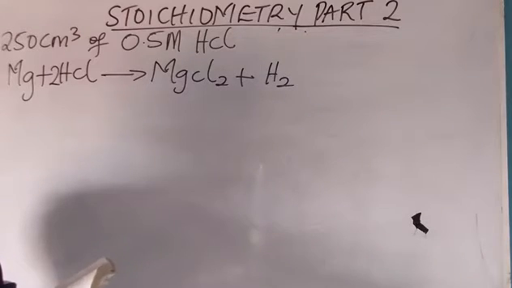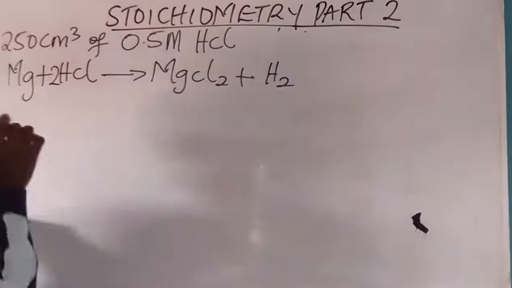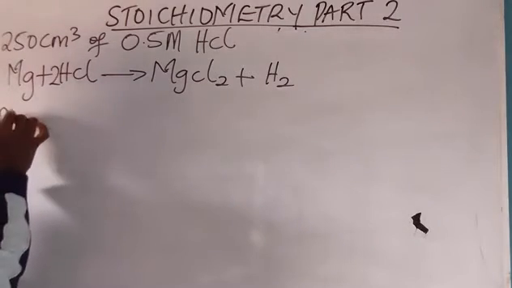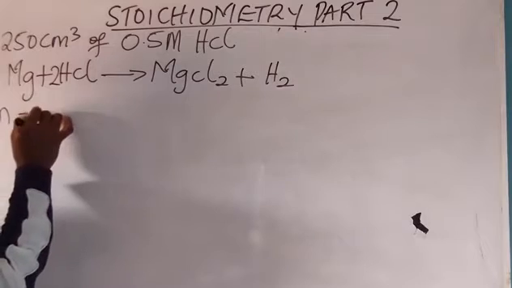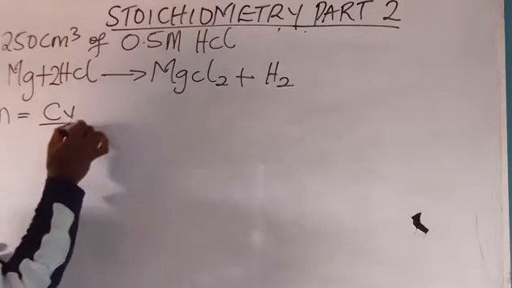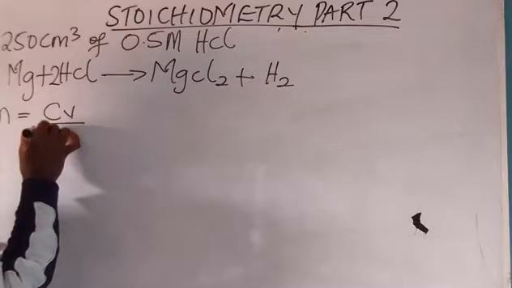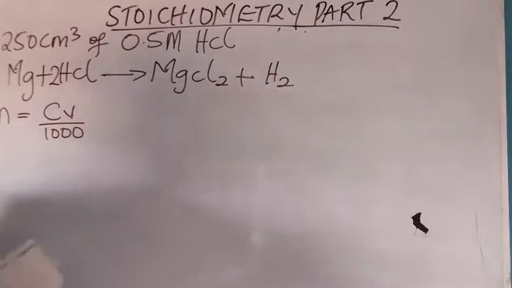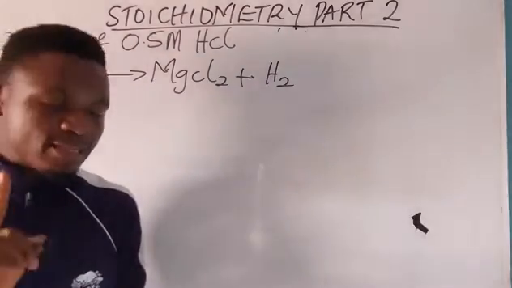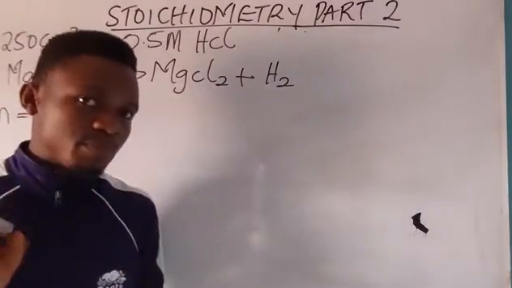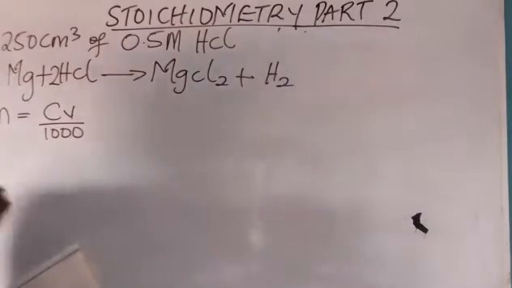They said 250 cm cube of whatever. Don't forget, I told us that number of moles equals CV over 1000. I said whenever the volume is given in cm cube, they did not tell us at STP. If it was at STP, it would have been 22.4 dm cube.